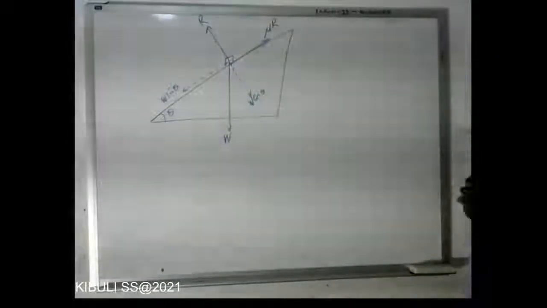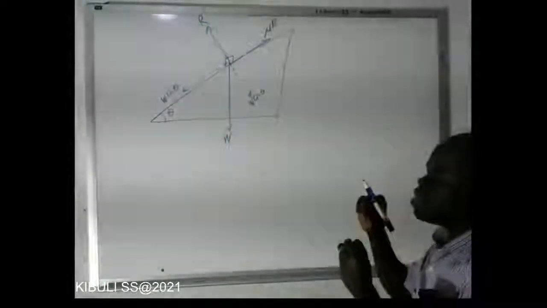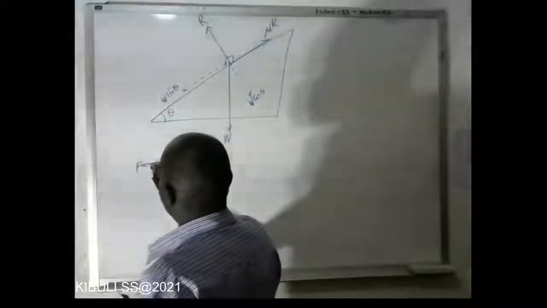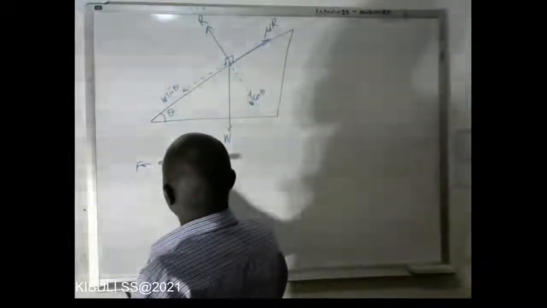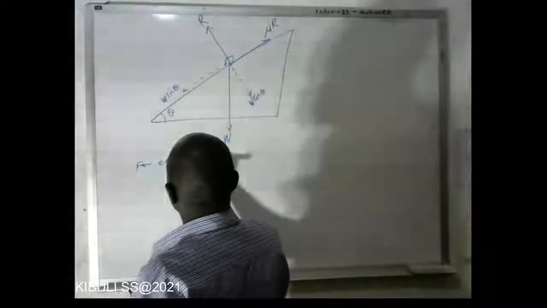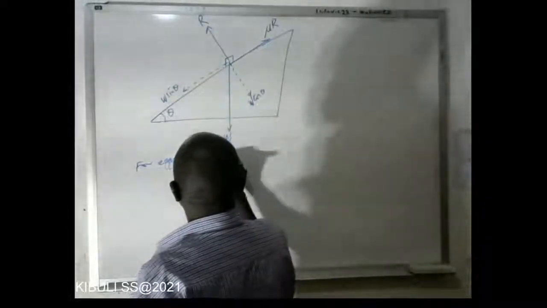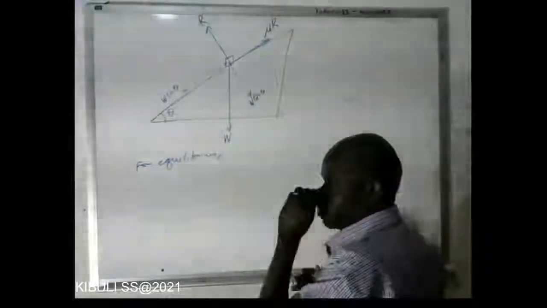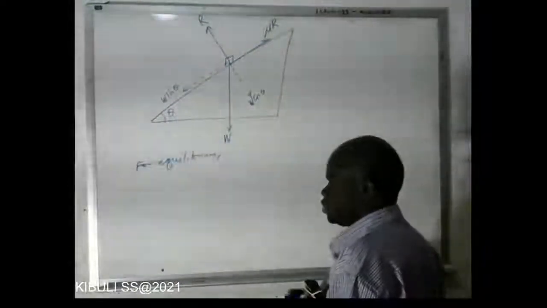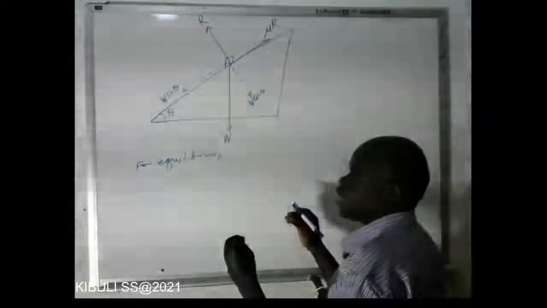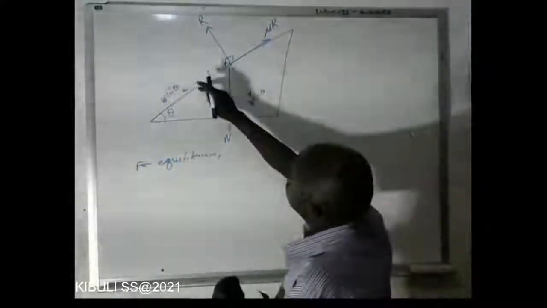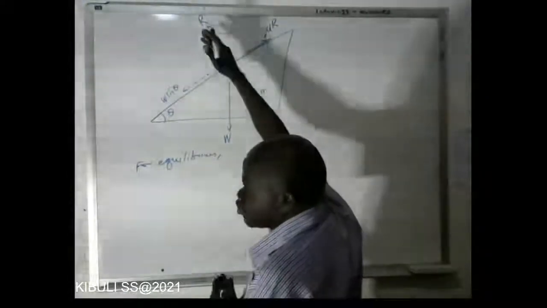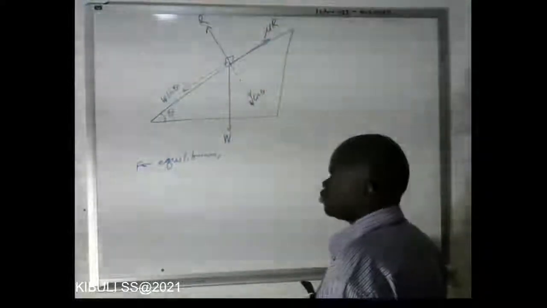Okay. Now for this body to be in limiting equilibrium, the forces acting along the plane must balance each other. There must be a balance. So this force must be equal to this force, and the same for the forces acting perpendicular to the plane.